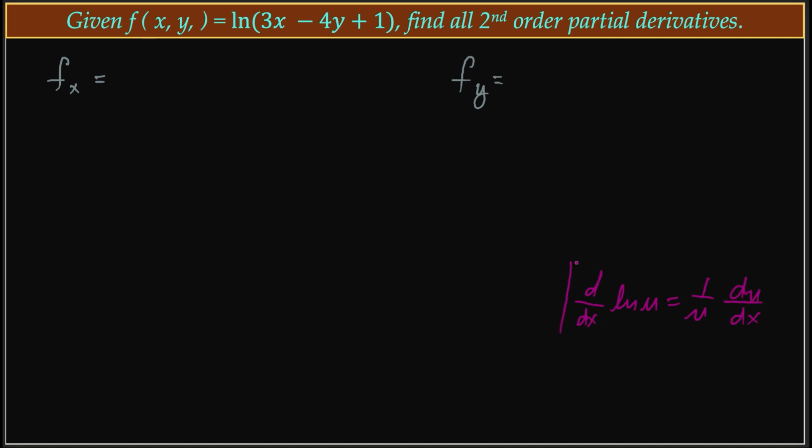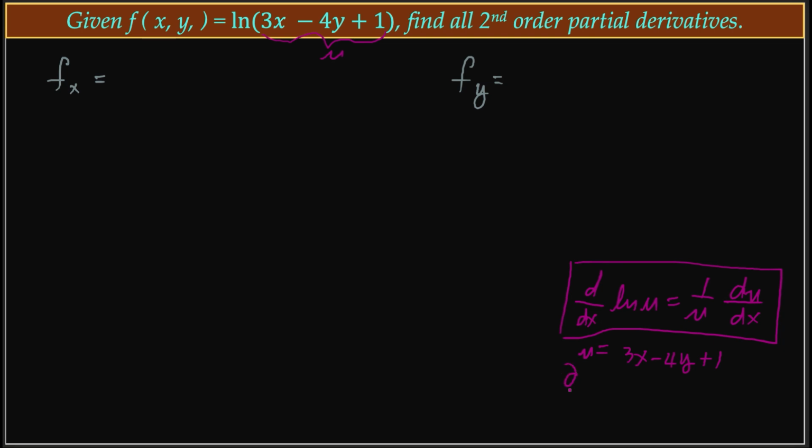In calculus 1, you remember this one. So in this expression, the quantity inside the parentheses will be represented as our u. Then our u here will be 3x minus 4y plus 1.